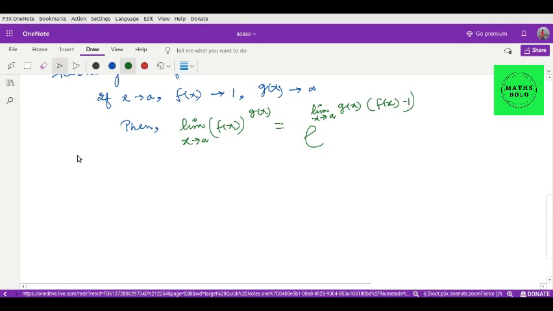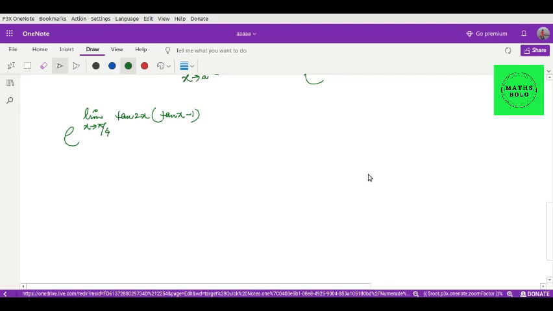So we have this equal to e to the power limit x tends to pi upon 4 of tan 2x into tan x minus 1. Now this becomes e to the power limit x tends to pi upon 4 of tan 2x into tan x minus tan pi upon 4.